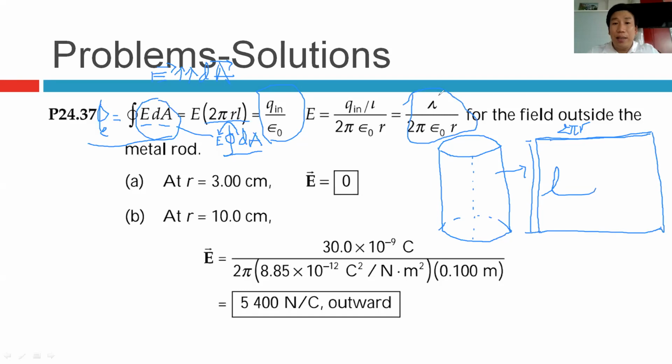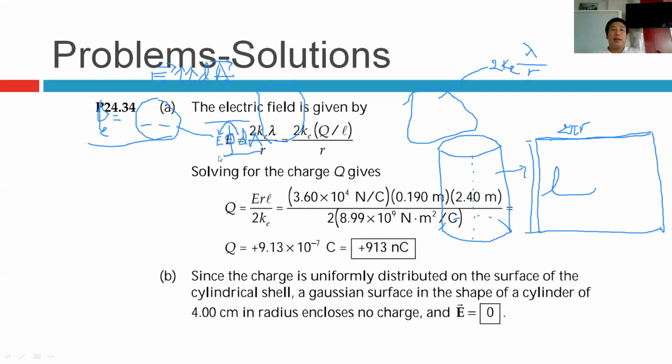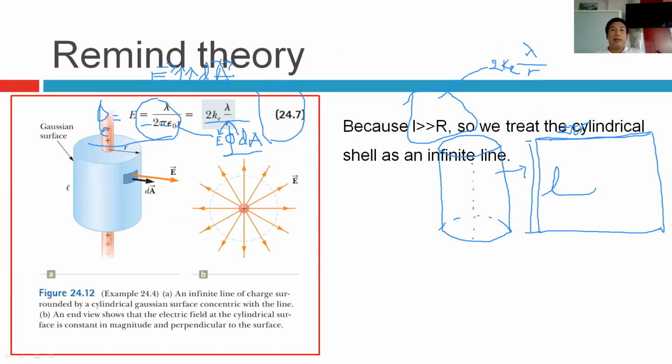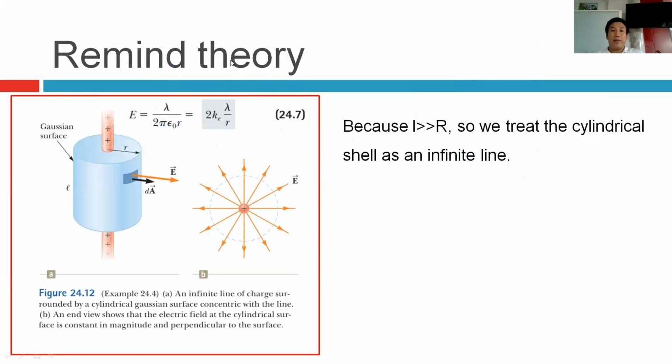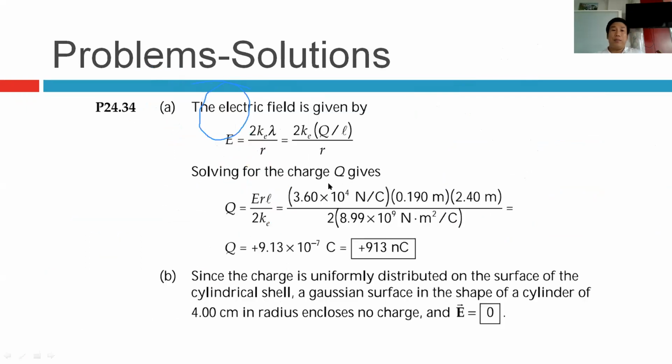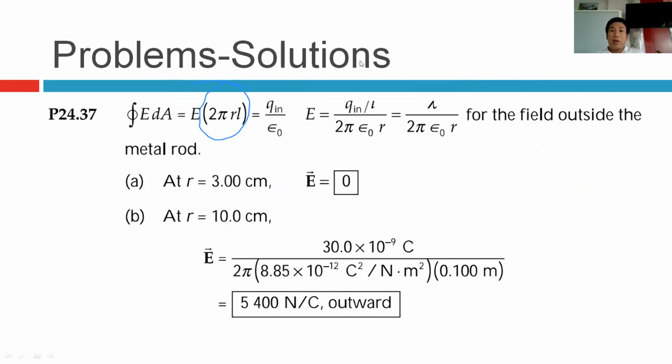This value is 2 ke lambda over r. So in this case, it means that we already determined the electric field.